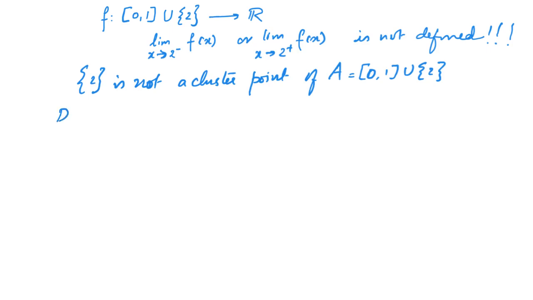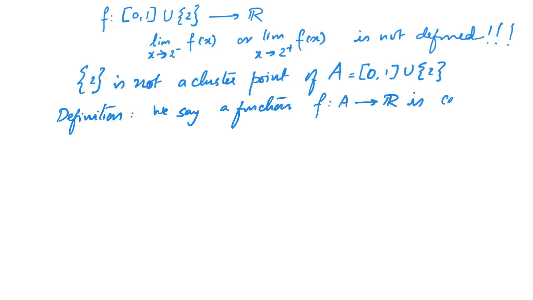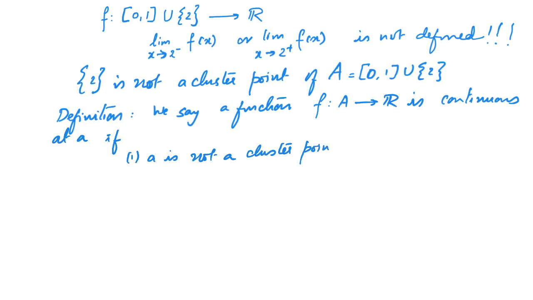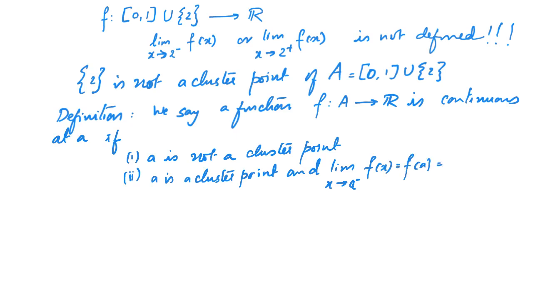So let us define a continuous function. We say a function f from A to R is continuous at a if a is not a cluster point, or if a is a cluster point and limit x tends to a minus f of x is equal to f of a is equal to limit x tends to a plus f of x.